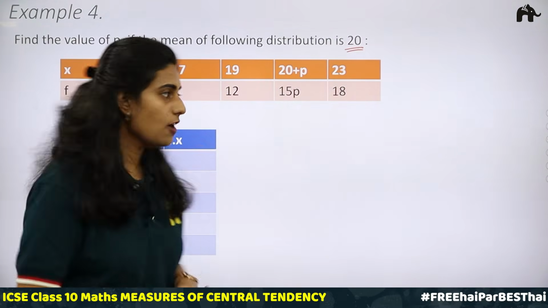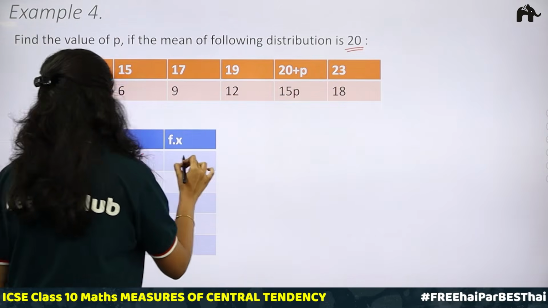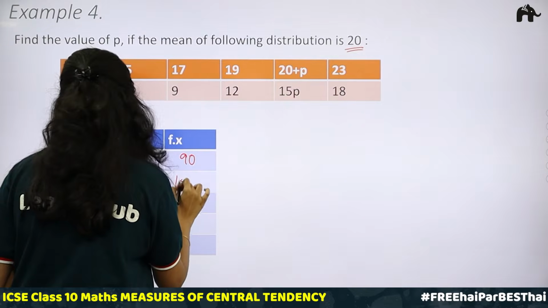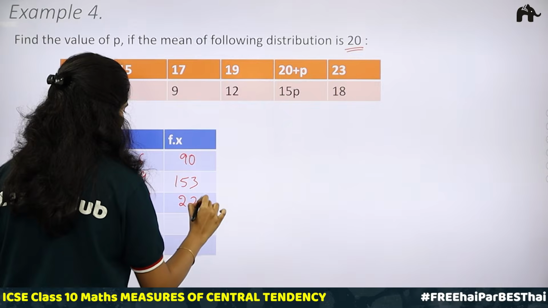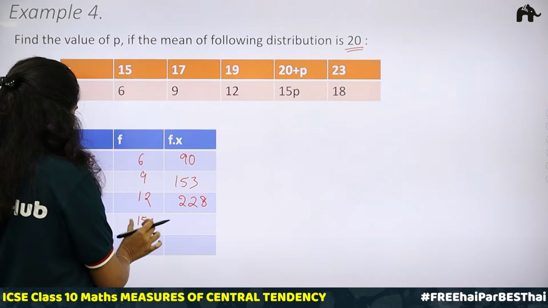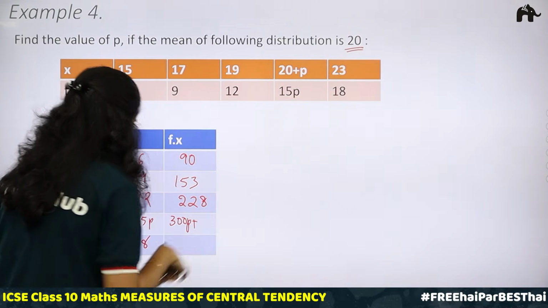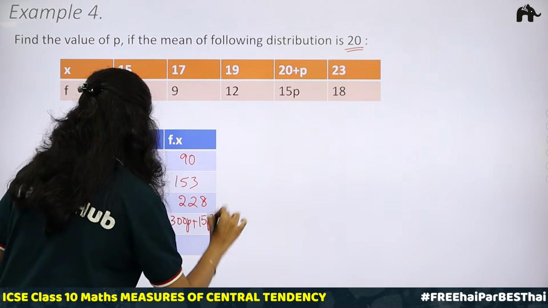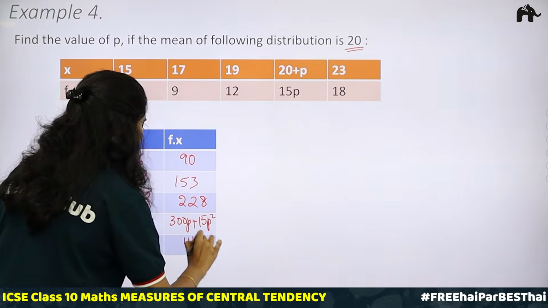Next take the product of frequencies and x values. 15 into 6 is equal to 90. Next 17 into 9 is 153. 19 into 12 you get 228. 20 plus p into 15p: 15p into 20 will be equal to 300p, plus p into 15p is 15p square. 23 into 18 is 414.